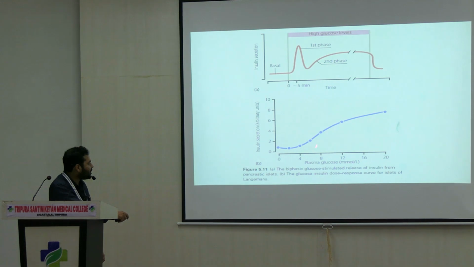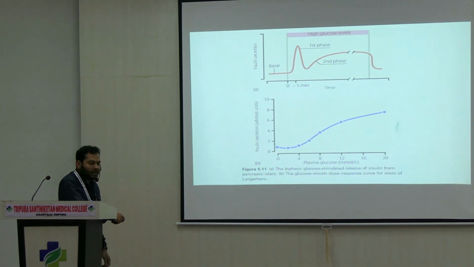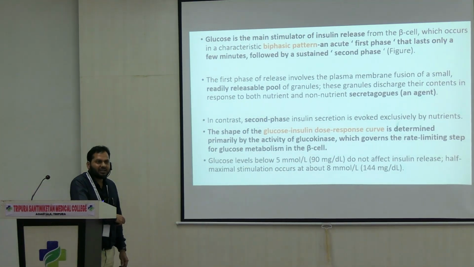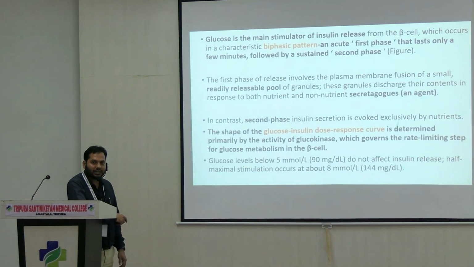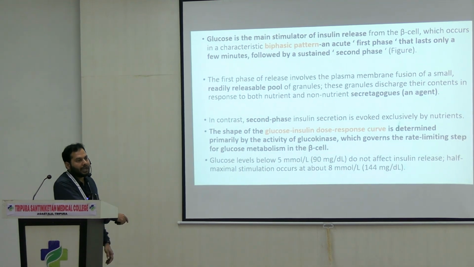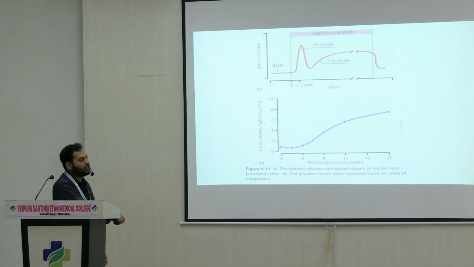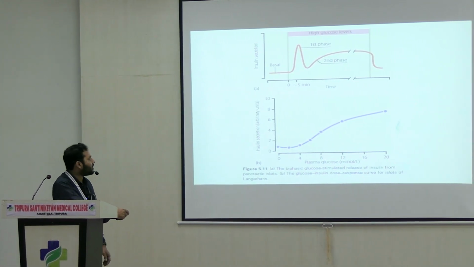So it means initially up to 5 millimole per liter, there is no such change in insulin secretion, but once it reaches 8 millimole per liter or more, there is a rapid increase of insulin secretion. So in this slide, two things are discussed.